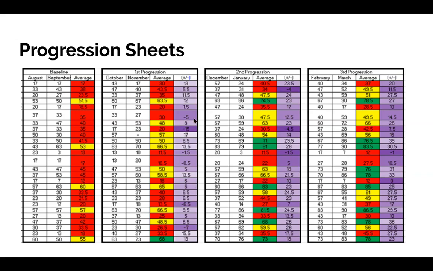And you can see as you look across, if we look at our first student, their average was 17 and then 30. So that student grew in the first progression by 13 percentage points. Now they're making progress and they grew quite a bit, but they're still performing below grade level.